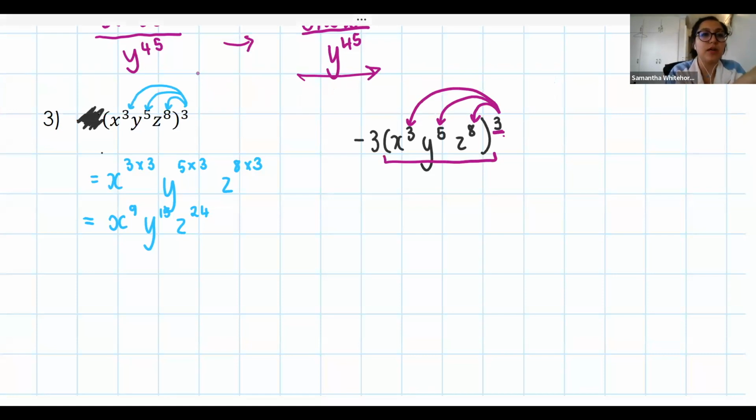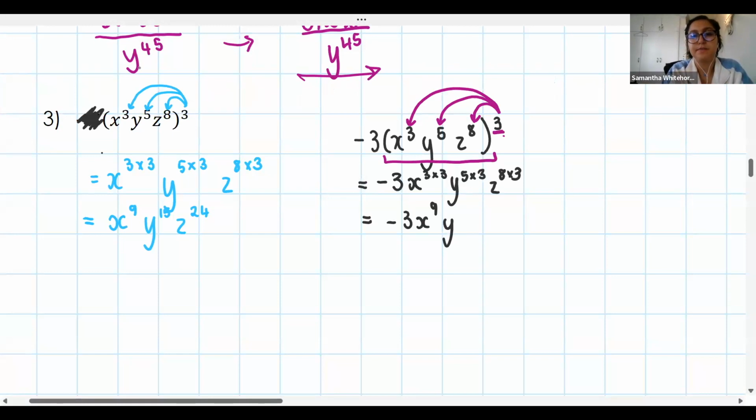So we will do our distribution in the same way we did this, but we will just keep the -3 in front. So this will be x to the power 3 times 3, y to the power 5 times 3, and z to the power 8 times 3. It's the same as what we did there in blue, but now we've just got that coefficient. And so we end up with the same exponents for our variables. We just still have that coefficient in front.